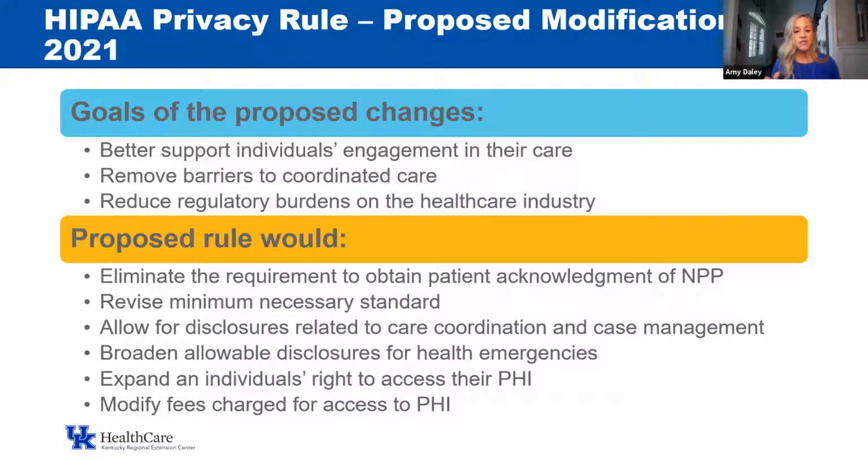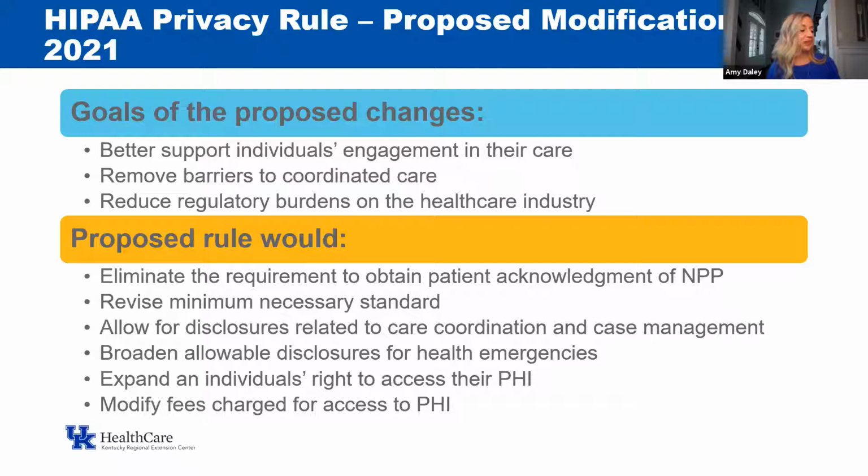And the last thing the rule seeks to do is to modify fees that are charged for access to PHI. And there are several comments about some major cases out there about exorbitant fees being charged to patients. And a lot of those are from those third-party printing companies. And so this provision would also require covered entities to post estimated fee schedules on your websites.